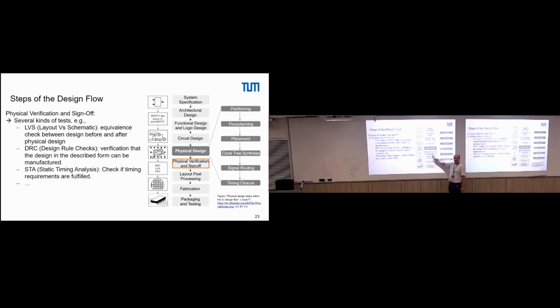And for some reason, you overlooked some corner case, and a lot of things are optimized out. Usually it's a designer mistake, not a tool mistake. So how can you trust that whatever comes out here is the same as above there? The problem is, the farther you go down, the more precise your model is, the more accurate it is, the closer it is to your actual manufactured circuit later.